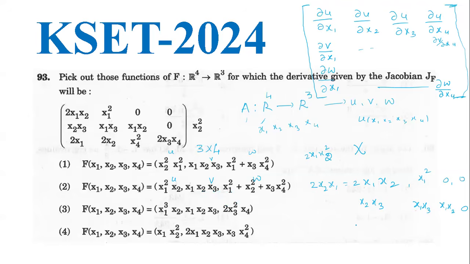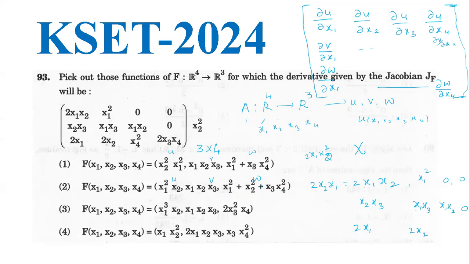Next, check this one. Partial derivative of w with respect to x1 means 2x1. Partial derivative of w with respect to x2 means 2x2.